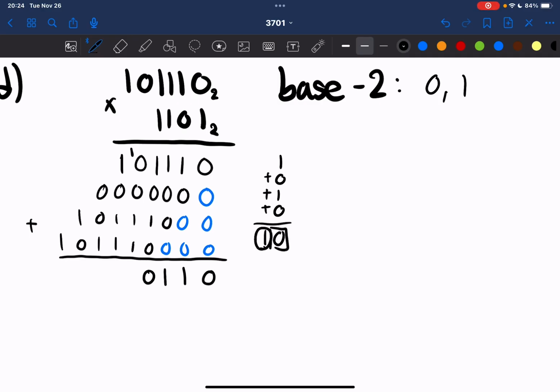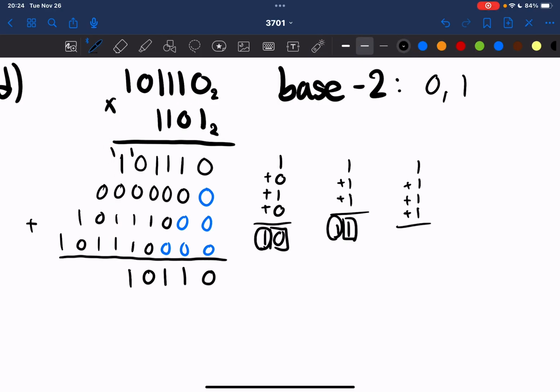And then for the next row, we have 1 plus 1 plus 1. So that's 1 plus 1 plus 1. That gives us 3, right? Or in binary, 1, 1. So we take that 1 and carry the 1. And then for this one, we've got 1 plus 1 plus 1 plus 1. So 1 plus 1 plus 1 plus 1.